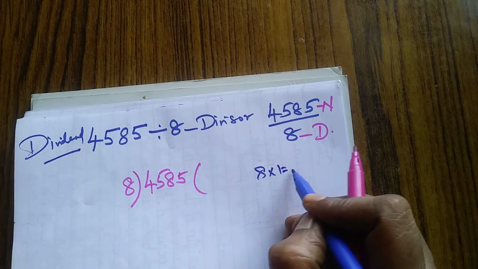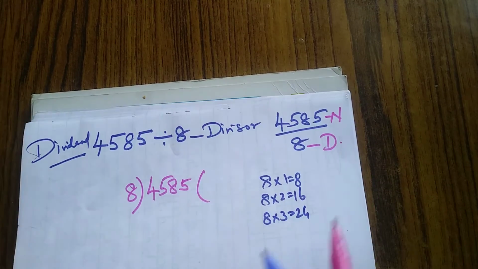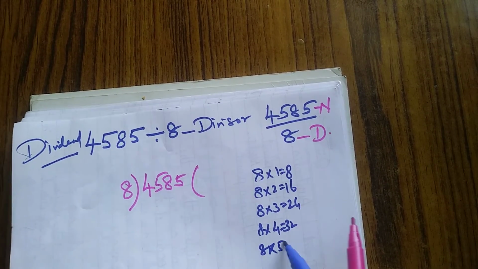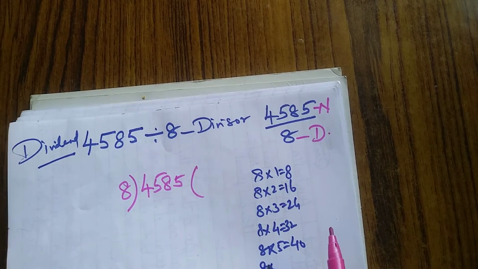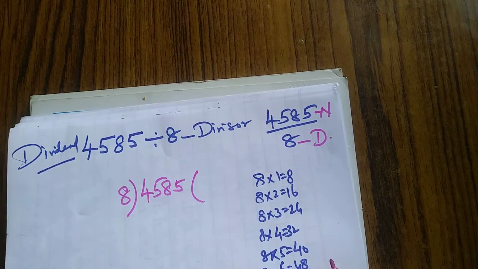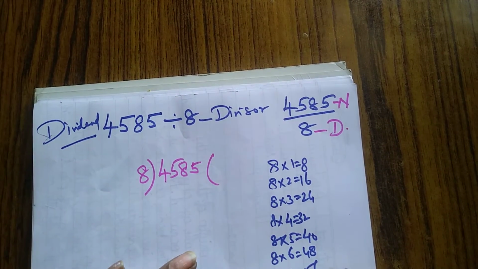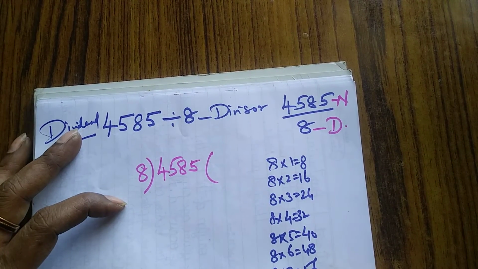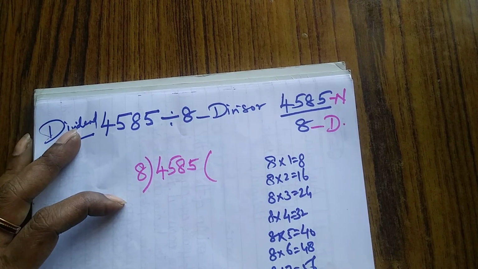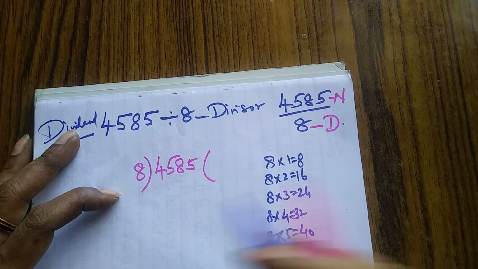Yes. 8 ones are 8, 8 twos are 16, 8 threes are 24, 8 fours are 32, 8 fives are 40, 8 sixes are 48, 8 sevens are 56, 8 eights are 64, 8 nines are 72, 8 tens are 80, 8 elevens are 88 and 8 twelves are 96. So this is how we can write.